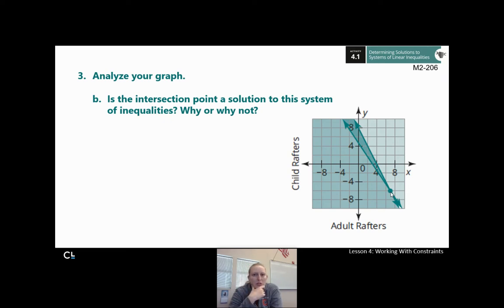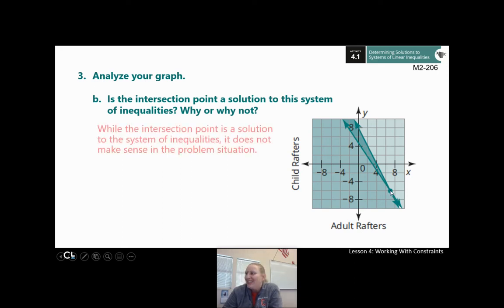The line contains solutions. When the line is dashed, it's not equal to, and so any point on the line can't be a solution. Well, these are both solid lines. These are both equal to. So yeah, that intersection point down there can totally be a solution to this system of inequalities.